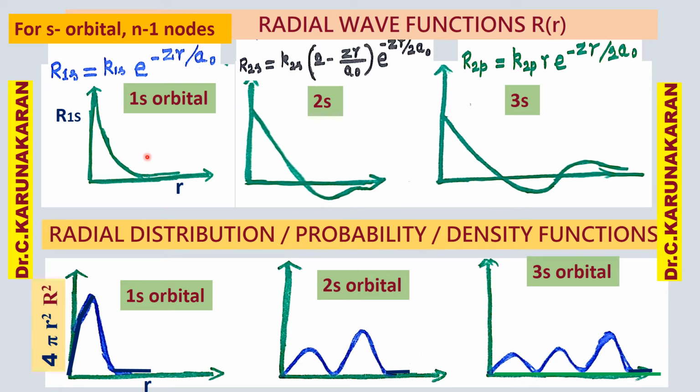Let us plot the radial wave function curves and radial distribution function curves, just by multiplying 4 pi r square and R square. In the radial wave function plot, the radial wave function is plotted against radial distance, whereas in the radial distribution function, 4 pi r square R square is plotted against the radial distance.